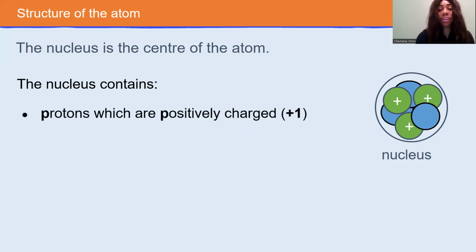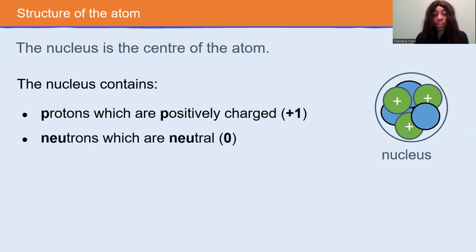Now these are positively charged and they have a positive charge of +1. Okay, so protons are positively charged. Now neutrons, as you can see, they didn't have any signs inside. So neutrons are what we say are neutral. And that means that they do not have a particular charge. They are what we say as being neutral. So they are zero. Their charge is zero.